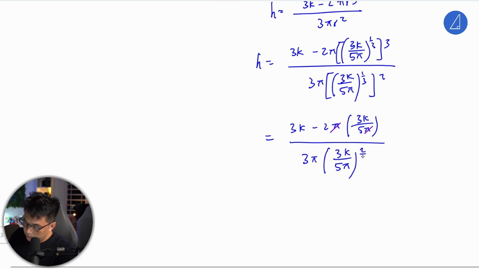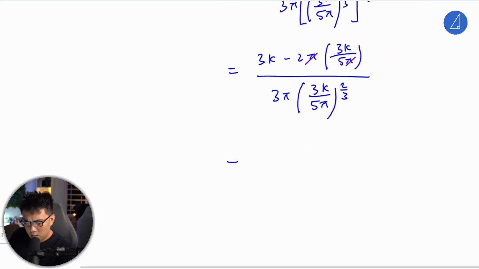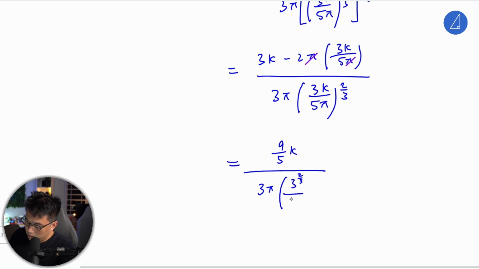So then from here, what I get from the top, 3k minus 6k over 5, that will eventually give me 9 over 5 k. And the bottom will be 3 pi times 3 to the 2/3 over 5 to the 2/3, k to the 2/3 and pi to the 2/3.